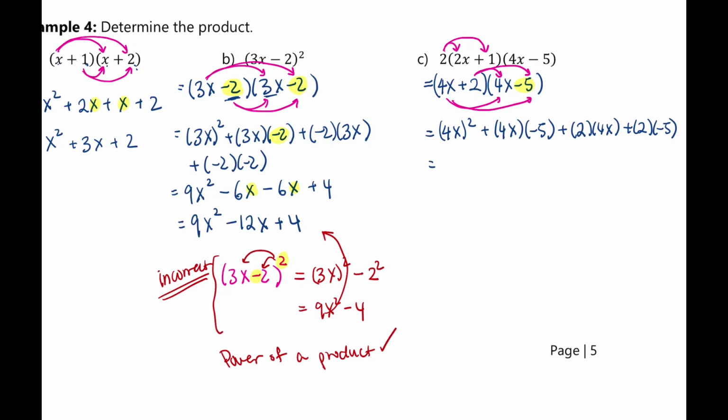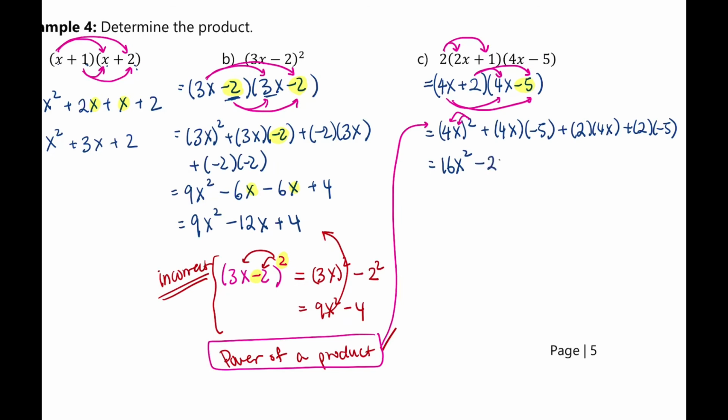So notice that this also gets distributed. This is a power of a product. Okay, so therefore we can actually distribute into the base, saying 4 squared, which is 16, and then x squared is x squared, and minus 20x plus 8x minus 10.